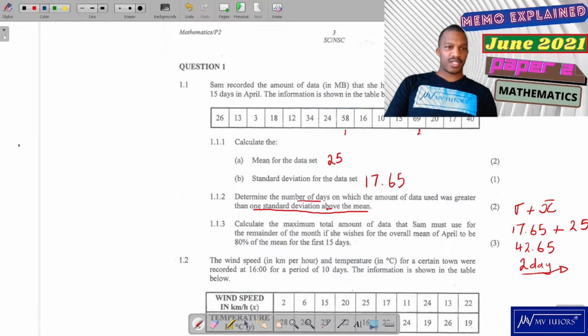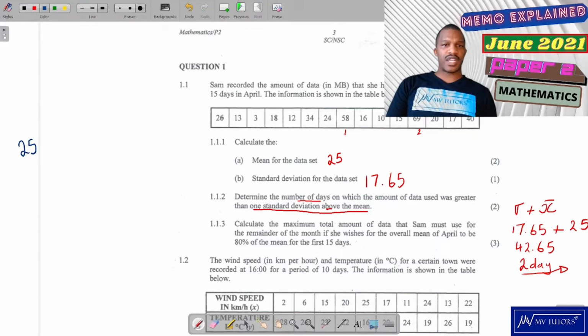The mean is 25. Okay, and then they are saying they want the mean of April to be 80% of the mean for the first 15 days. Okay, let me put it like so.